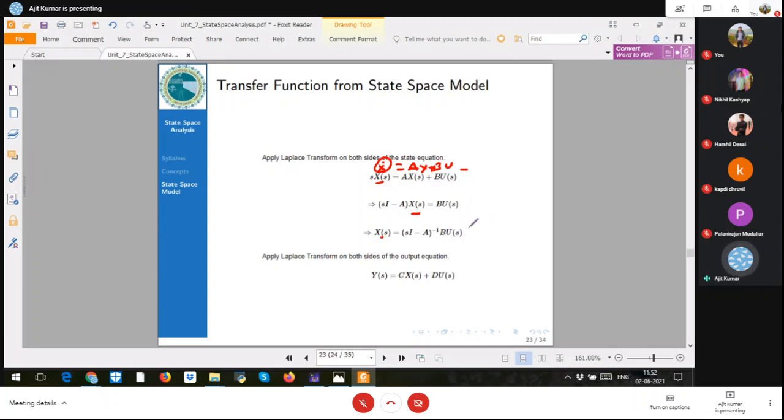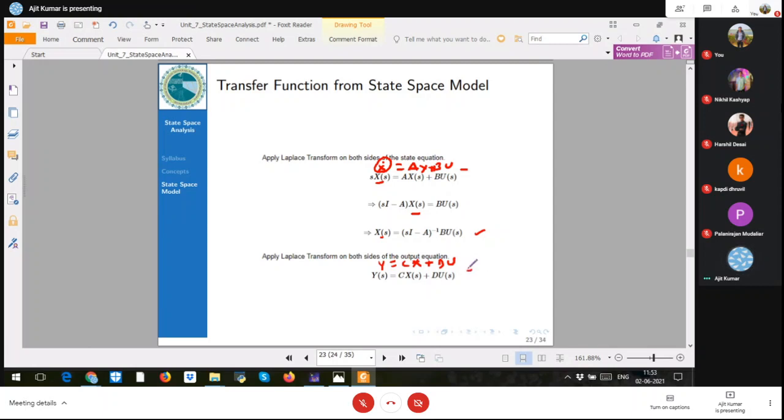This is the equation for input and states X. Then you apply the Laplace transform on both sides for the output equation. Your output equation was what? It was y equals Cx plus, sorry, Cx plus Du. On this I applied Laplace, so Y is essentially Y(s) equals C times X(s) plus D times U(s).